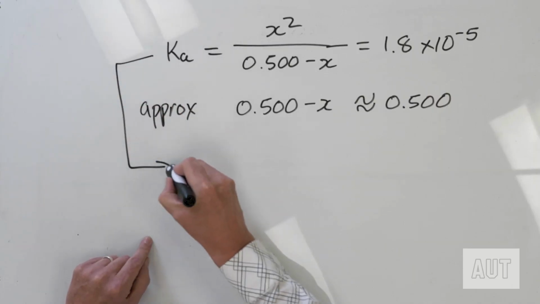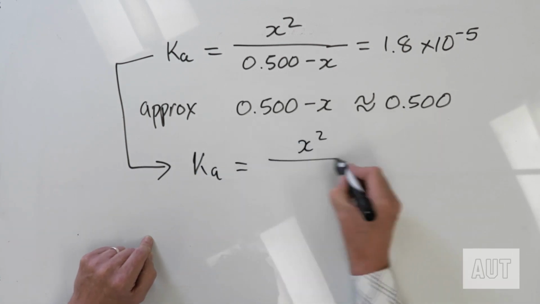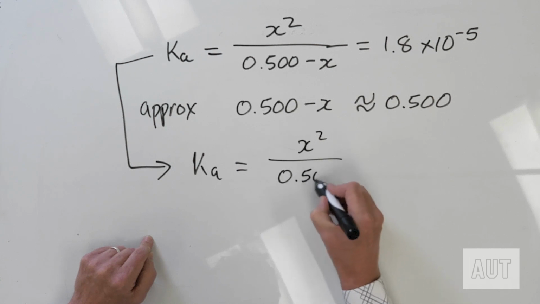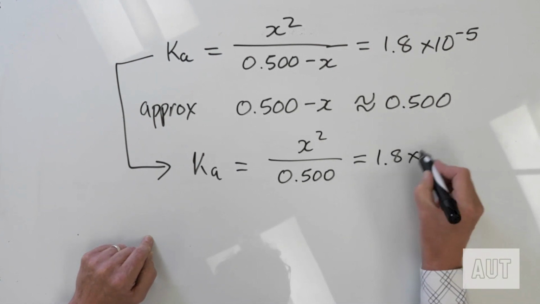So if we assume that 0.5 minus x is basically equal to 0.5, we can then rewrite this and say that Ka is equal to x squared upon 0.500 equals 1.8 times 10 to the minus 5. And all of a sudden things just got way easier, okay?